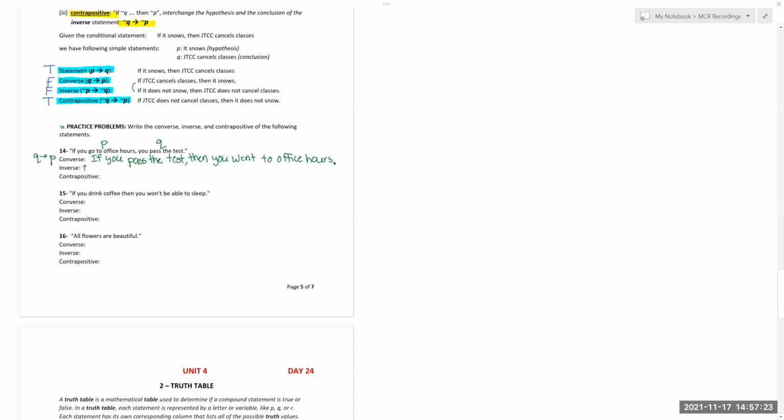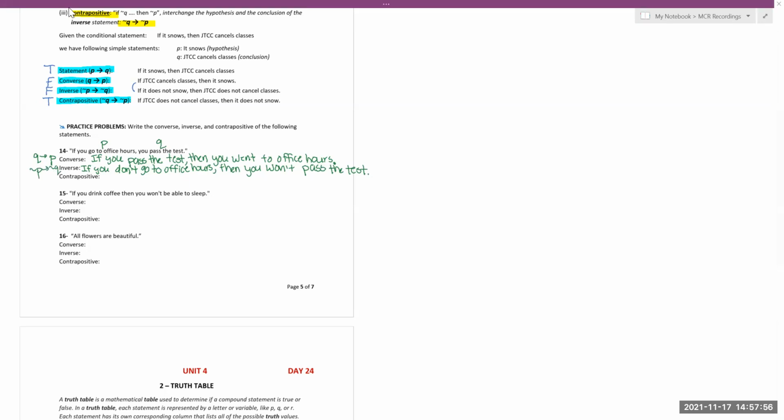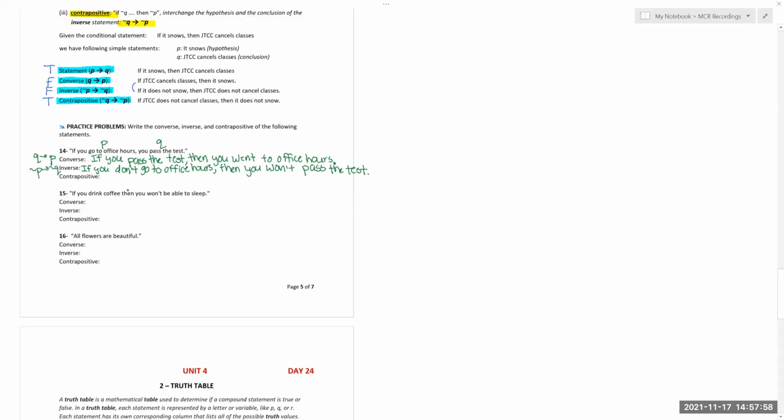The inverse is negating it. If you don't go to office hours, then you won't pass the test. Also not true. You know, there could be other reasons you pass the test. Now the contrapositive is flip and negate.